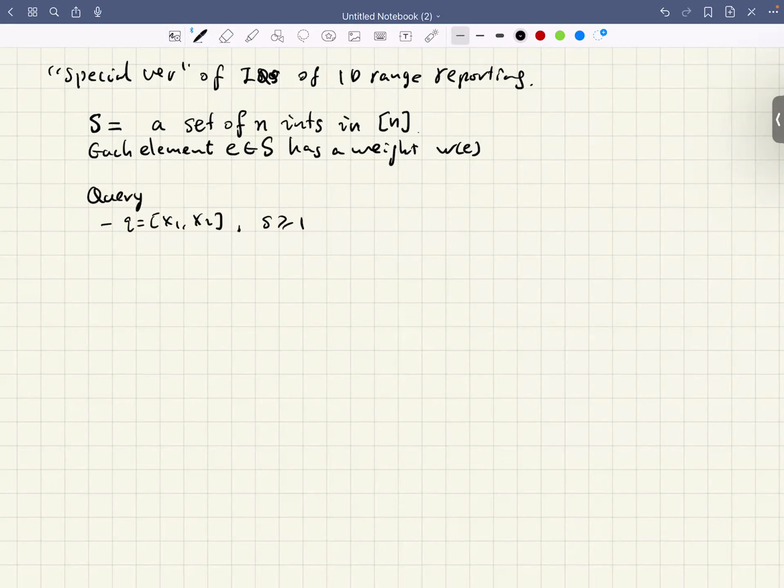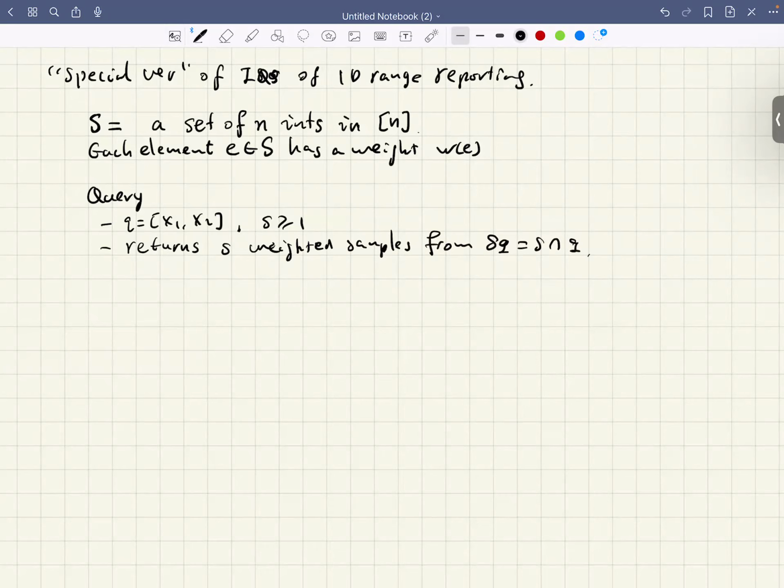So now you want to return s weighted samples from this S_Q. This S_Q is defined as the intersection of S and Q. So this is the problem.